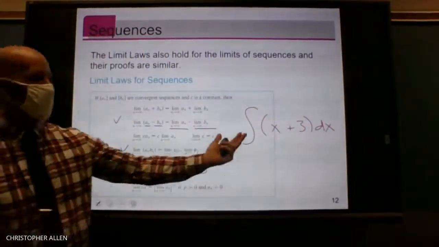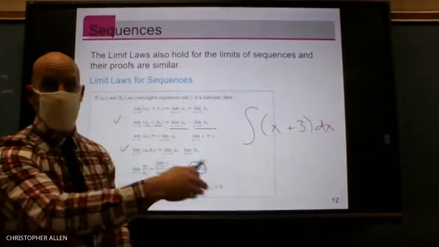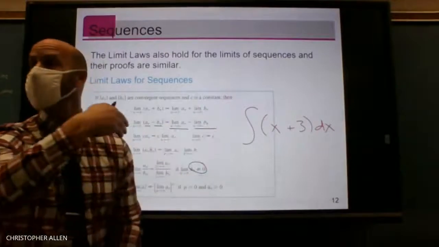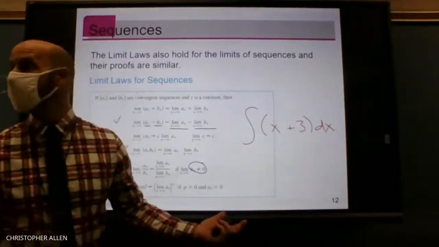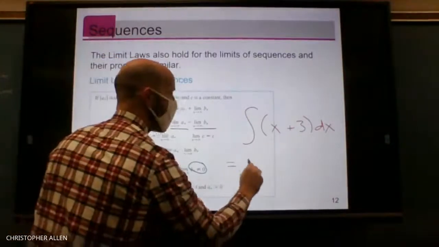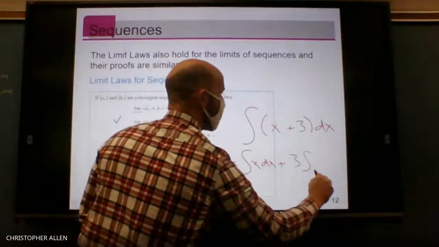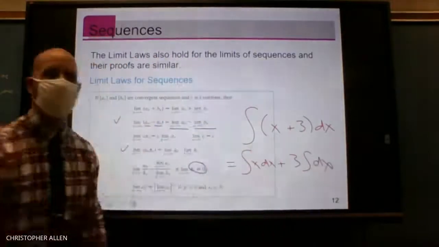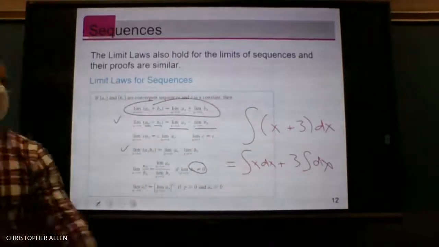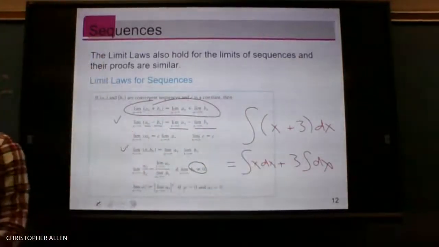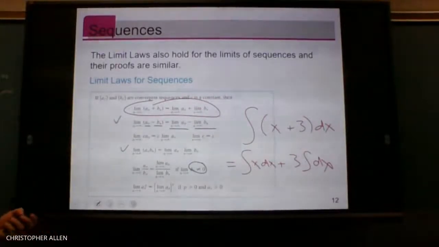Well, most students would just look at that and they'd say it's x squared over 2 plus 3x plus c, right? But could I do the integral of x plus the integral of 3 dx? Could I do that? That's this idea here, but here I'm talking about integrals, here we're talking about sequences. So we kind of got the same framework going on.